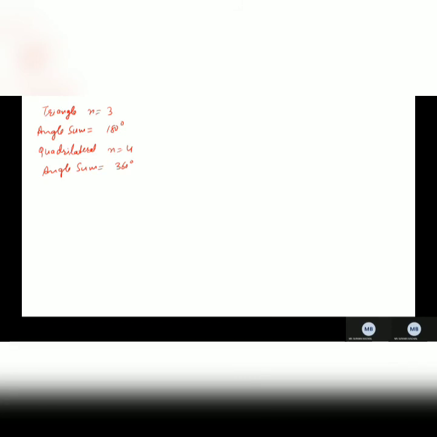And in a pentagon, when n is equal to 5, the angle sum is 540 degrees, and in a hexagon, sides are 6, so the angle sum was 720 degrees. Now we will derive a formula.